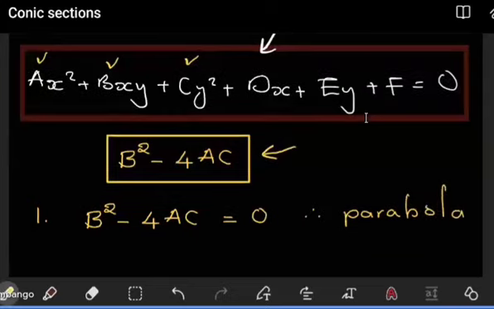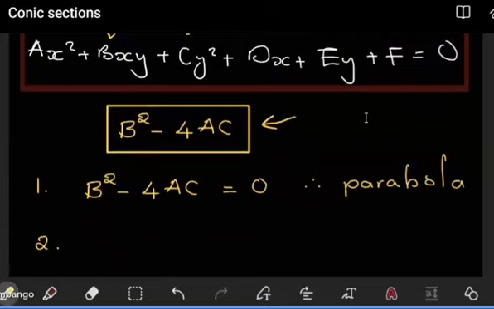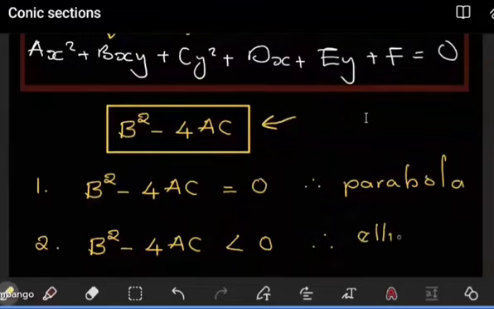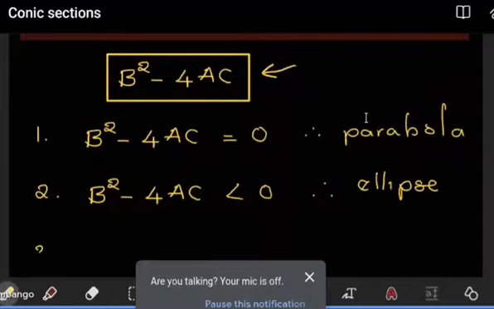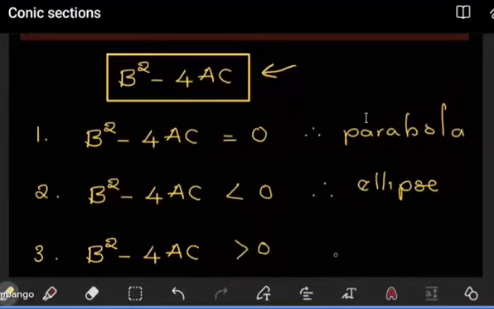But if when you evaluate that expression, you end up with something that is less than 0, then your conclusion is that the conic section is an ellipse. And lastly, if when you evaluate, you end up with something that is greater than 0, then your conclusion is that you're dealing with a hyperbola.